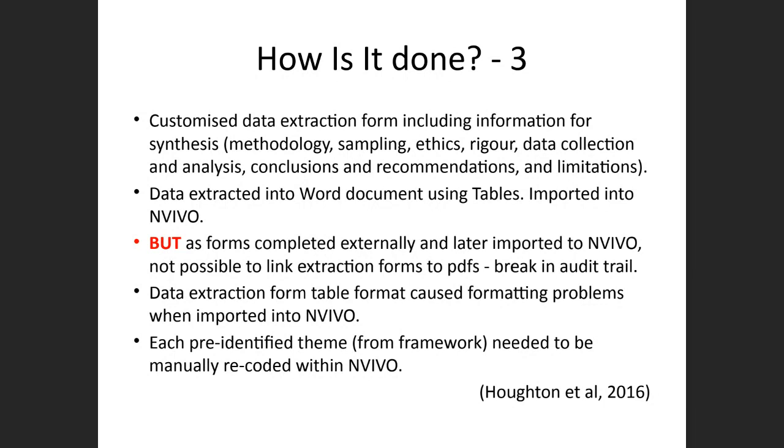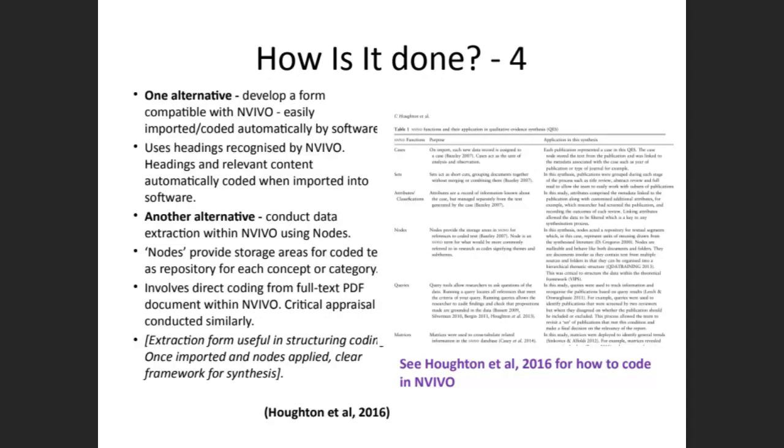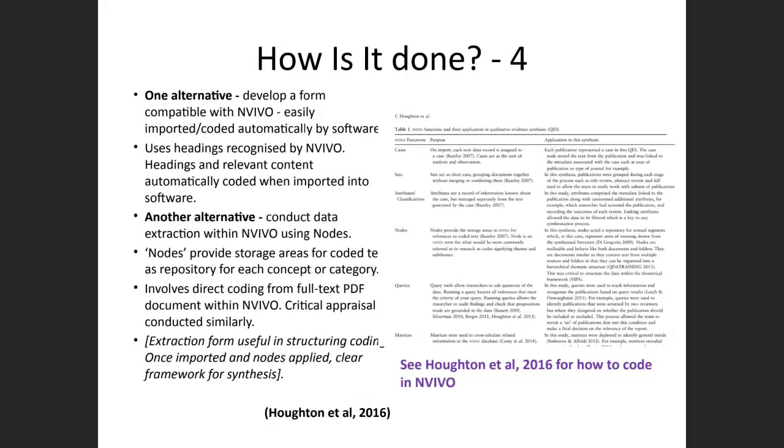And they also experienced formatting problems through the importing, and they found that the assignment of themes, which they'd done from a framework in the Word document, needed to be repeated in NVivo. So benefiting from those cautionary lessons, they mentioned two alternative ways of using NVivo.